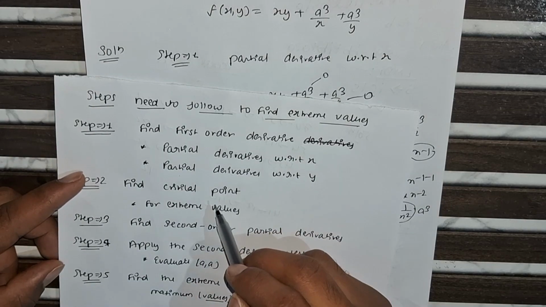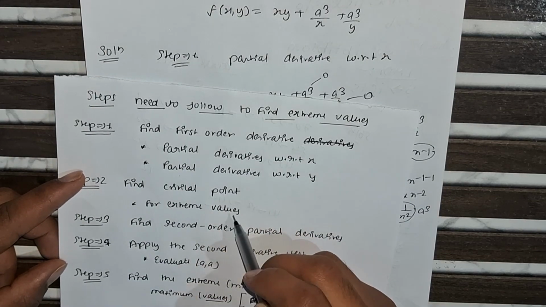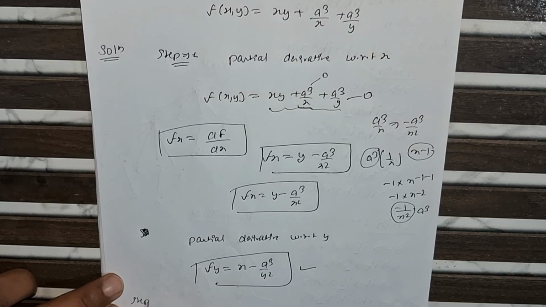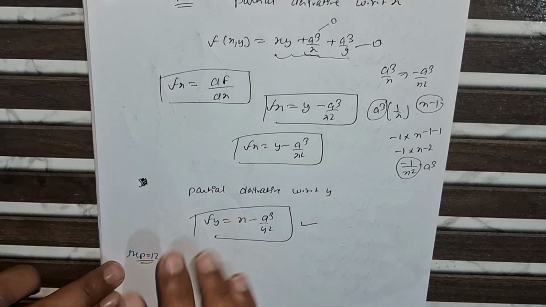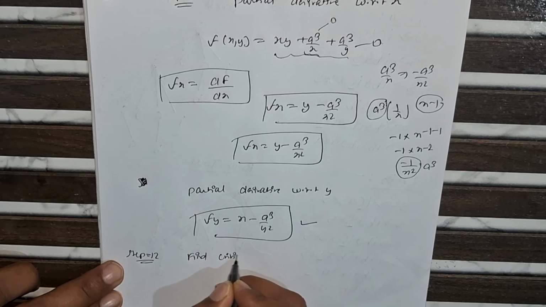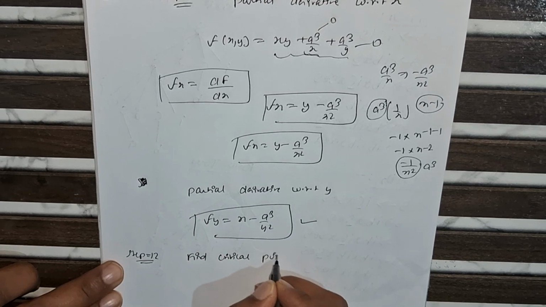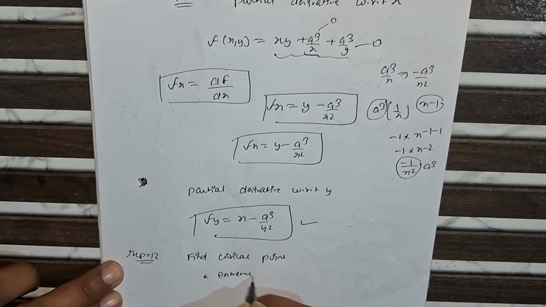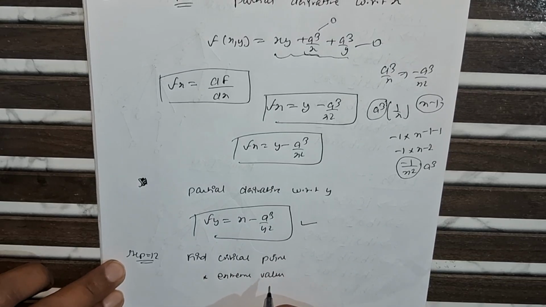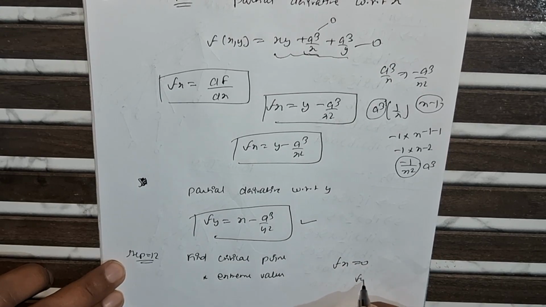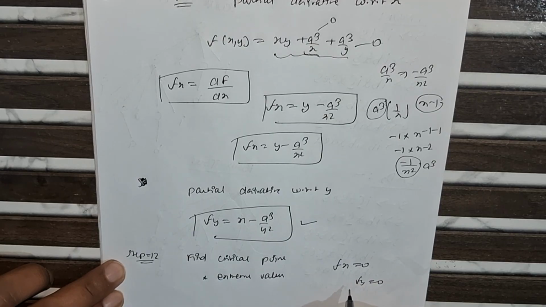Now move to our step 2, which is find critical points for extreme value. So our step 2 is find critical points, means extreme values. So how can we find? We can find it at our first differentiation, which is fx equals to 0 and fy equals to 0, to find the extreme value.